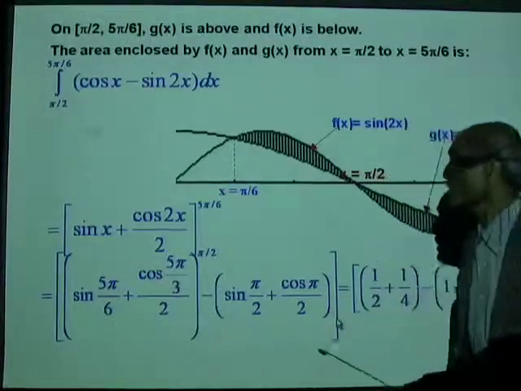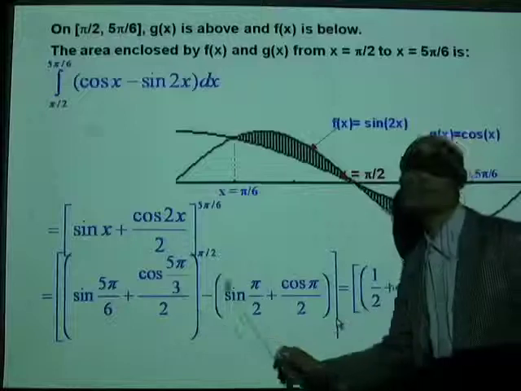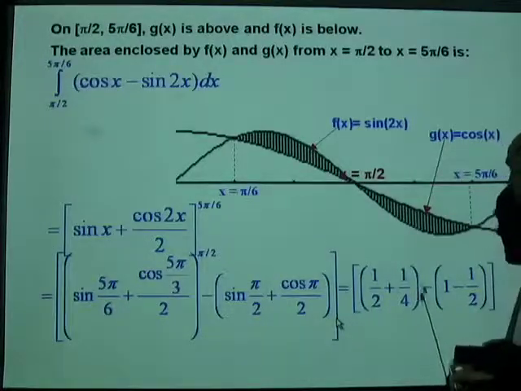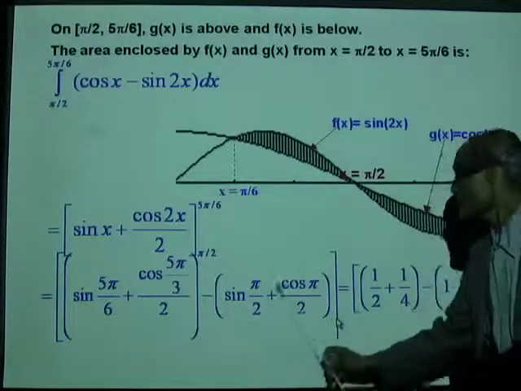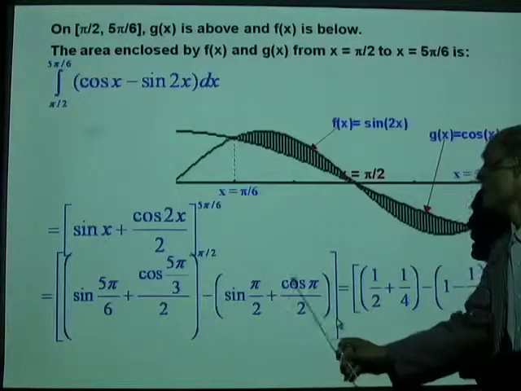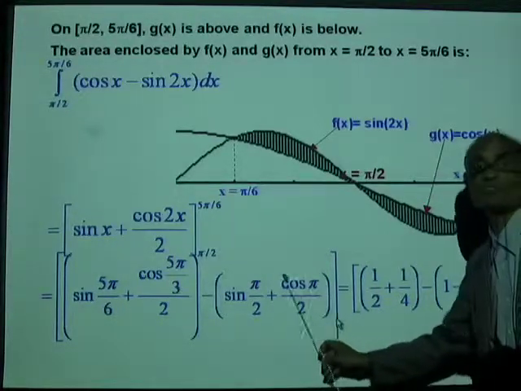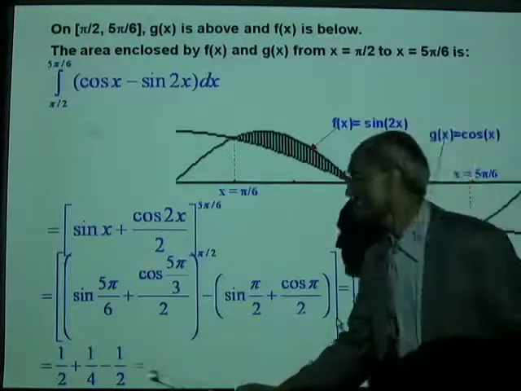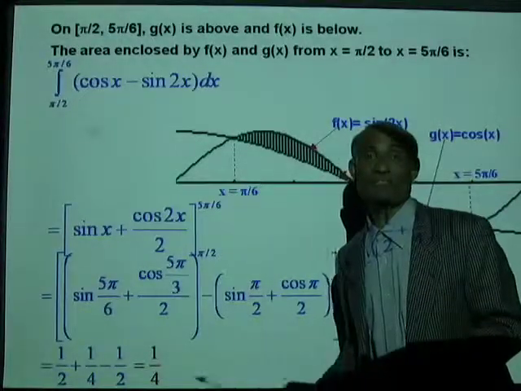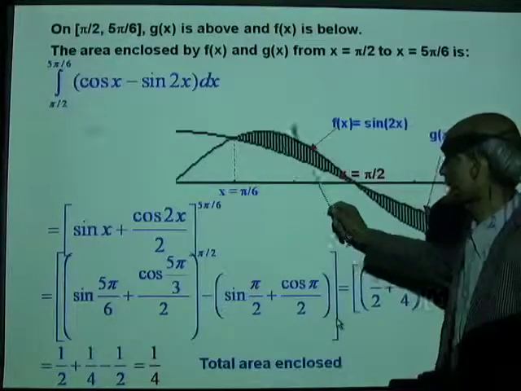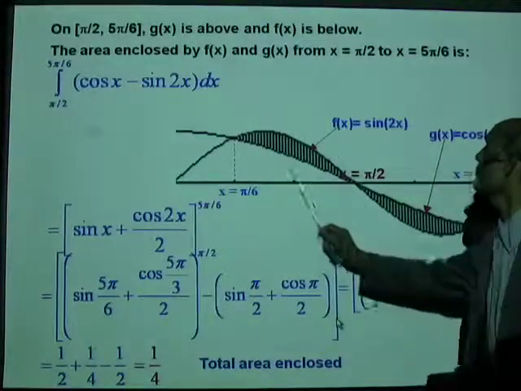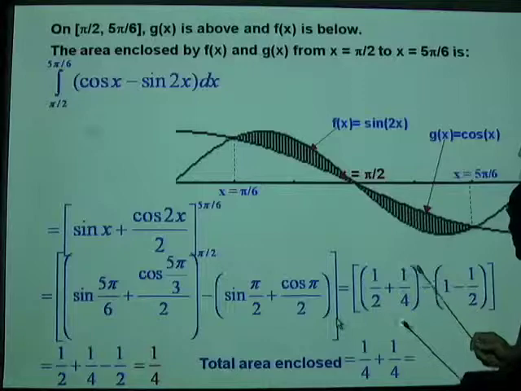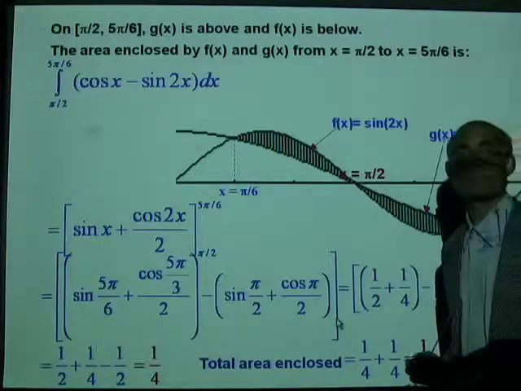And cos of 5 pi by 3 divided by 2 is 1/4. Minus sine pi by 2 is 1. And cos pi is negative 1, so that gives you negative 1/2. Simplify this, and that will give you 1/4 as well. So the total area is 1/4 plus 1/4, that is 1/2.